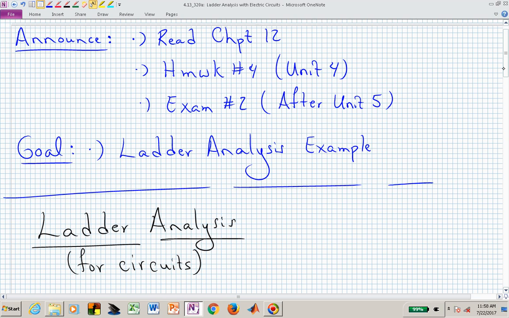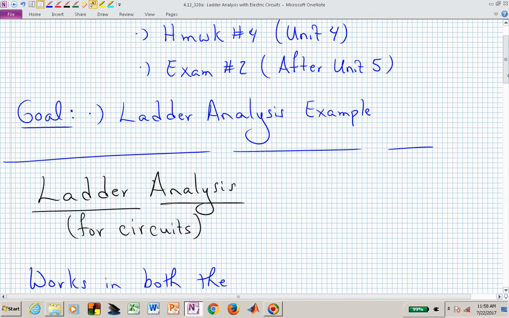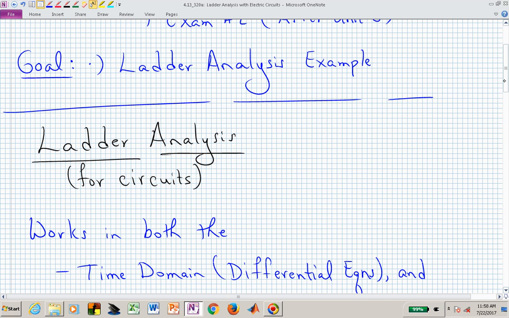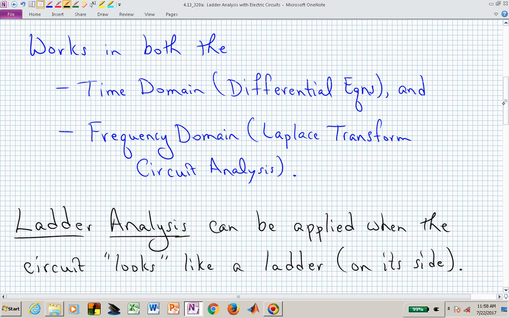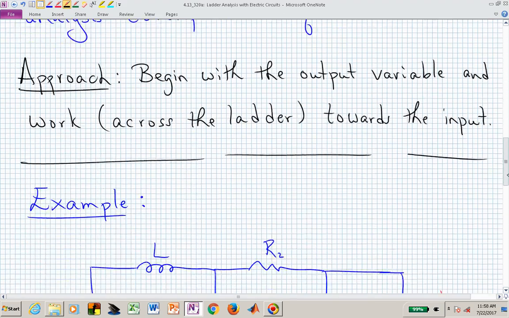And you don't have to go out and purchase a ladder, but this is designed to work on circuits that can either be in the time domain via differential equations or in the frequency domain, but it works on circuits that look like ladders, or if you want to think about it, these mesh circuits that are laid out in this horizontal fashion, and it looks sort of like you could step up the rungs of the ladder as you might be working your way from right to left, where in our circuit, maybe I should just show you the circuit.